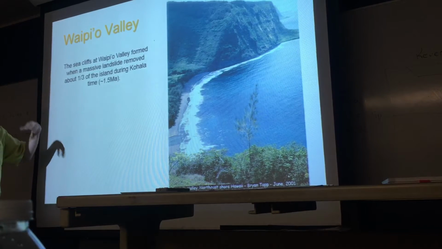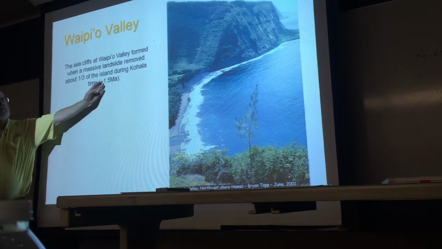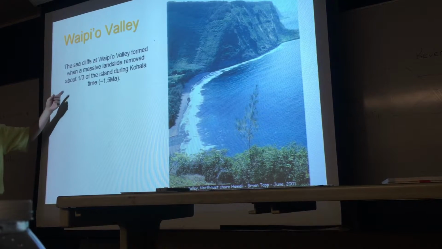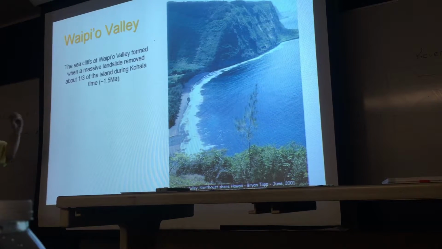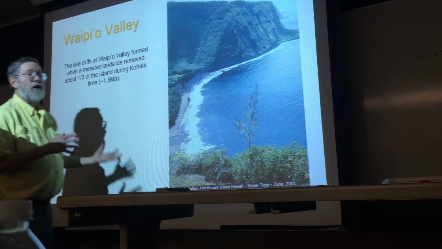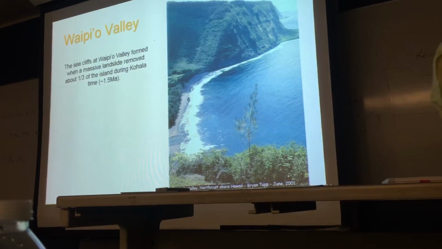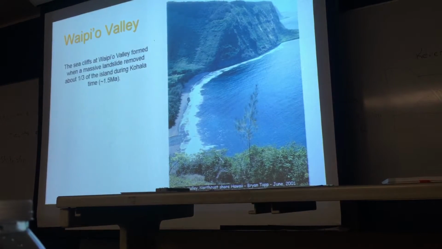The fault developed around 1.5 million years ago. At the time, this is considered to be Kohala time in Hawaii. Early system, about 1/3 of the island at the time disappeared in a massive landslide.